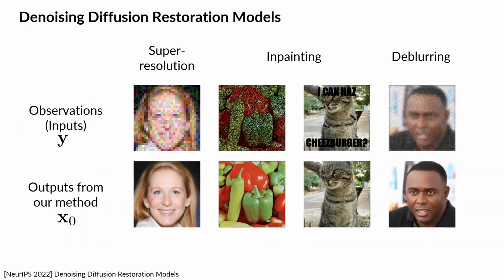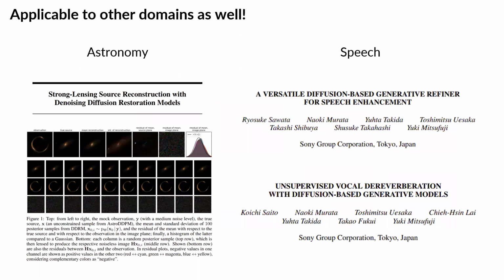You can see that the top row are the observations or the inputs, and the bottom row are the outputs from our method. Our method is able to handle both these linear corruptions as well as noise at the same time. We also note that this method does not only apply to natural images, but also to medical images, as well as different domains such as astronomy, speech and audio synthesis.